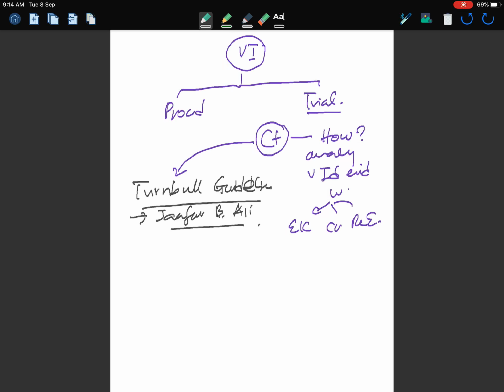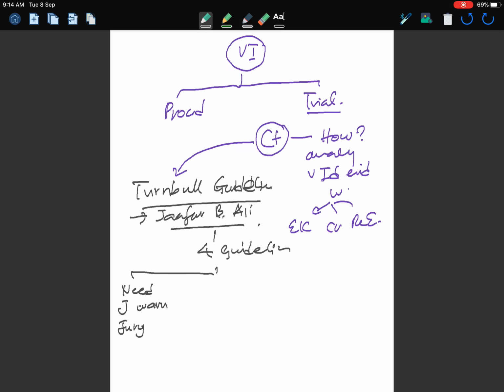Because the case of R v Turnbull was decided by virtue of jury trial. However, in Malaysia, we do not have jury trial. Everything will be decided by the judge, being the arbiter of law and fact. Because of that, the Turnbull guideline has to be slightly modified. Now, what is the Turnbull guideline?